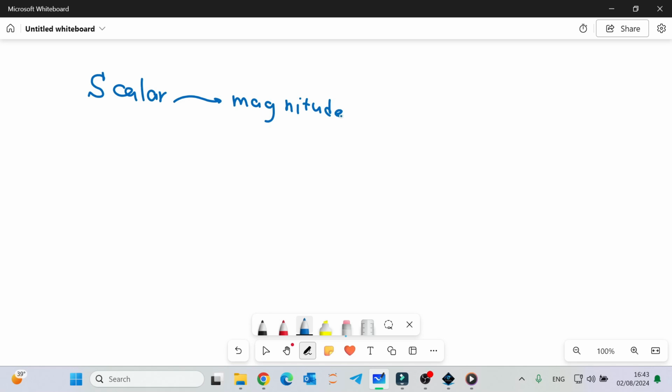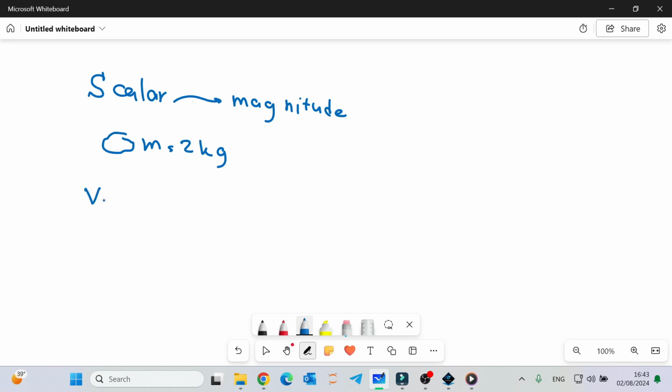For example, the mass of an object. Let's say I have an object here. It has a mass, and its mass is 2 kilograms, for example. This 2 kilogram is a scalar quantity. It means that we have just the magnitude of it. That's it. But when I compare it with a vector, you will understand what it means.